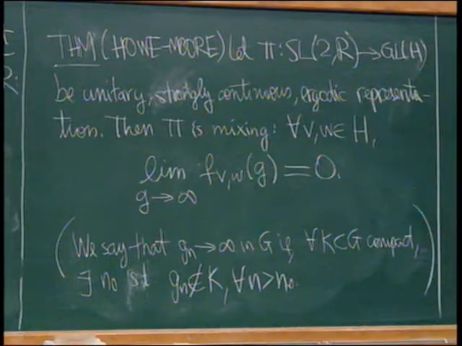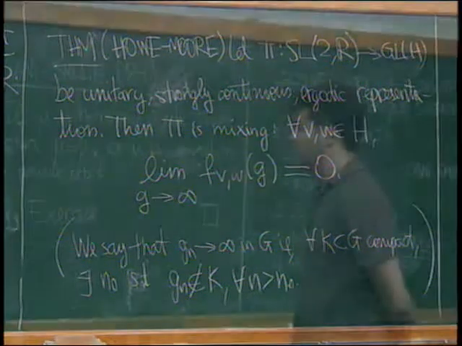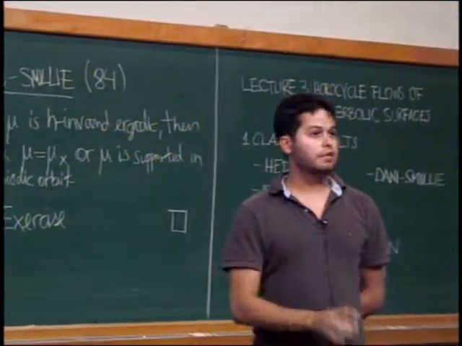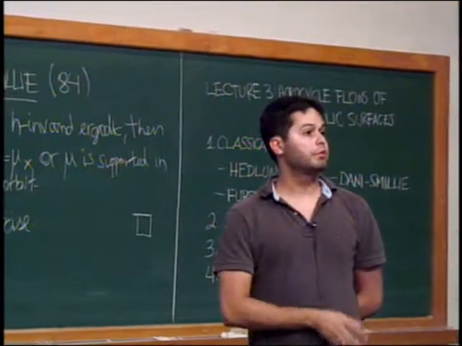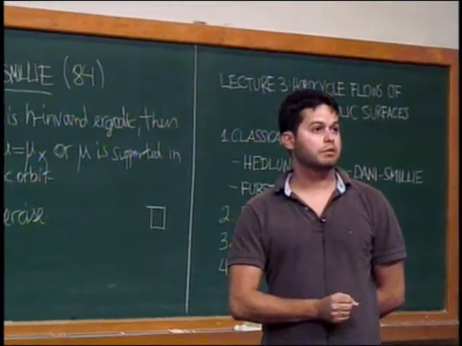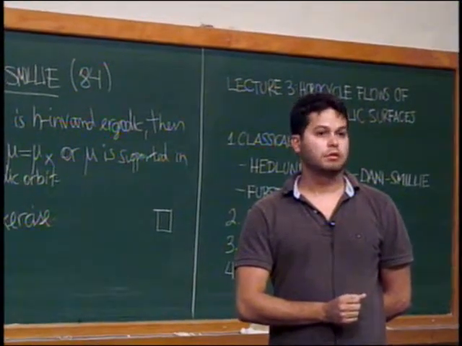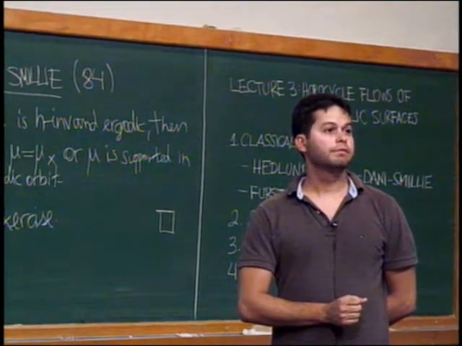Okay? So these are the two theorems that I hope to prove in the next half an hour. And now it's time to ask about the notions involved in the statements of the theorems.